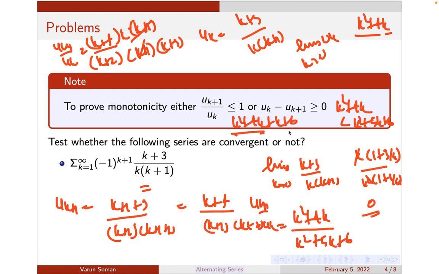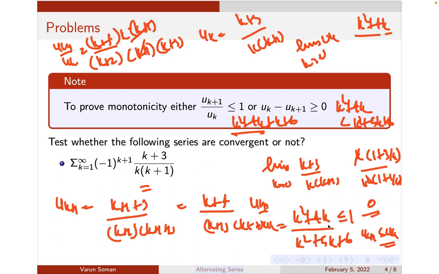That means the denominator is a bigger quantity. That means this should be less than or equal to 1, or in other words u_(k+1) by u_k is less than or equal to 1, that is u_(k+1) is less than or equal to u_k, therefore it is monotonically convergent.